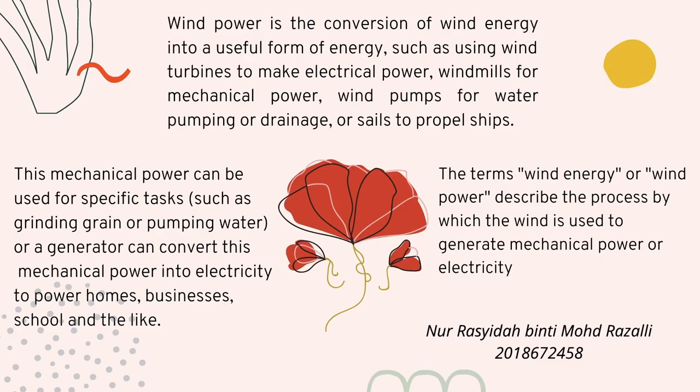The terms wind energy or wind power describe the process by which the wind is used to generate mechanical power or electricity. This mechanical power can be used for specific tasks such as grinding grain or pumping water. A generator can convert this mechanical power into electricity to power homes, businesses, schools, and lights.